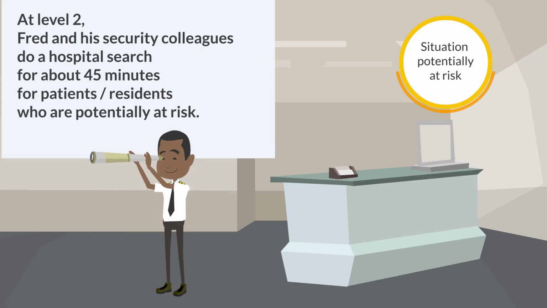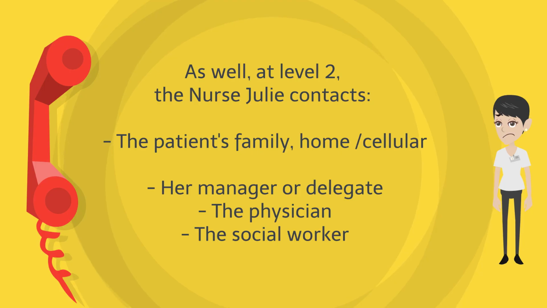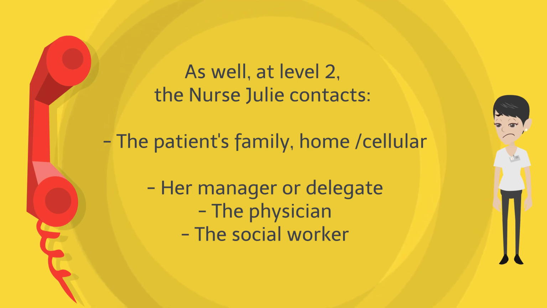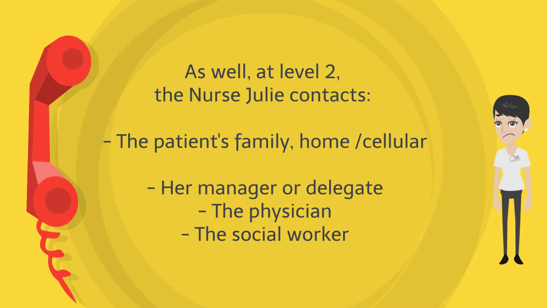Following which Fred and his colleagues will begin the search in the hospital. For this potentially risky patient, it is also important to contact him via his cell phone, his family, or his home. And Julie ensures to advise her supervisor, the physician, and the social worker.